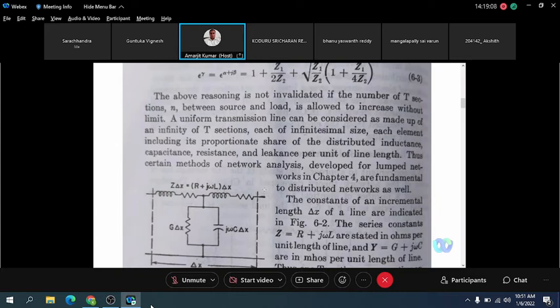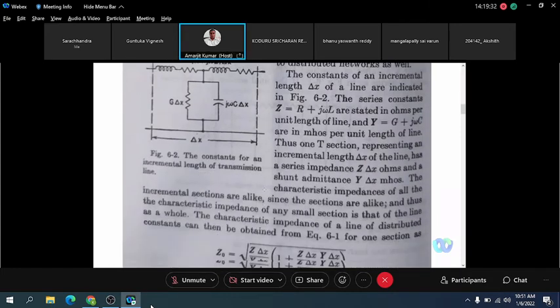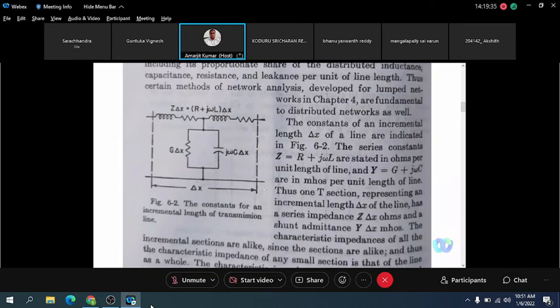Remember, R and L are defined as the resistance and inductance per unit length of the transmission line. We are considering a uniform, distributed transmission line, made up of an infinite number of T sections. We are modeling a uniform transmission line, so Z is equal to R plus j omega L, and the series impedance will be Z into delta x for this delta x length of line.